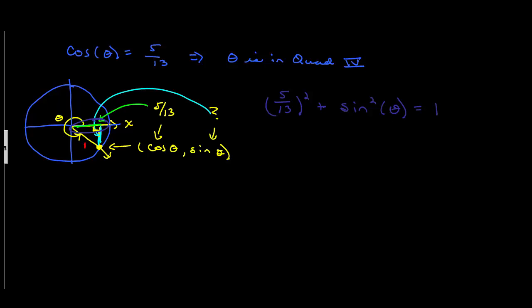And that's the formula. So let's go ahead and do this math out. This is just algebra now. So we'll take the 5/13 squared to get 25/169 plus sine squared theta is equal to 1. Now we're going to subtract 25/169 from both sides.